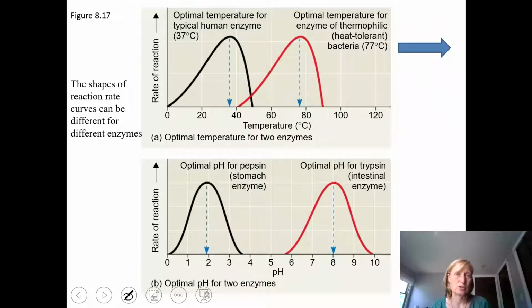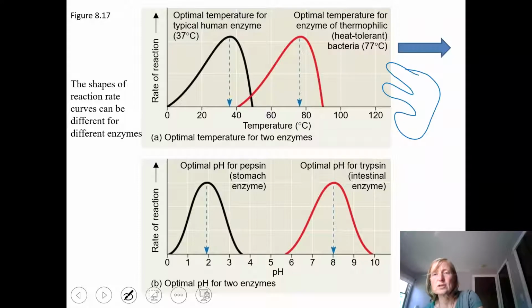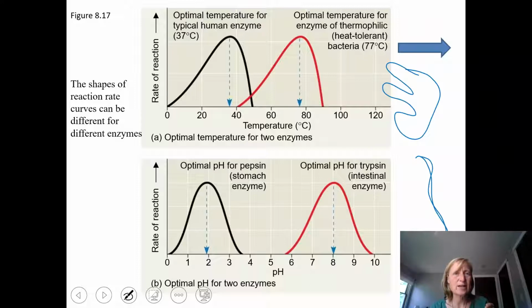It can denature. And when the three-dimensional shape of a protein falls apart, so you've got this complex structure, and it falls apart into just like a long string of amino acids, its function doesn't work. It doesn't work anymore. Enzymes are proteins. So if you change the shape of an enzyme, it's probably not going to work anymore. Temperature can change the shape of the enzyme.